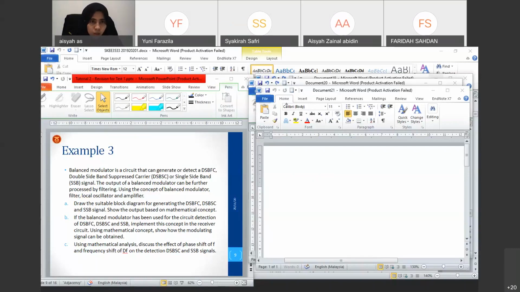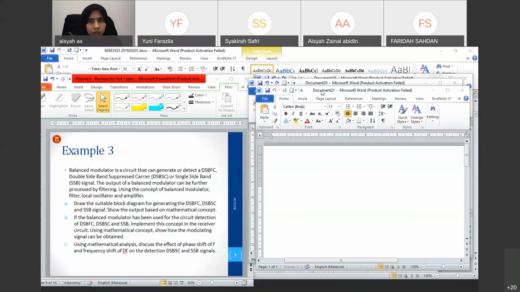And because this question says using the concept of balanced modulator, filter, local oscillator, and amplifier, where do you use the filter and amplifier? Amplifier for the EC. Yes, for the EC.